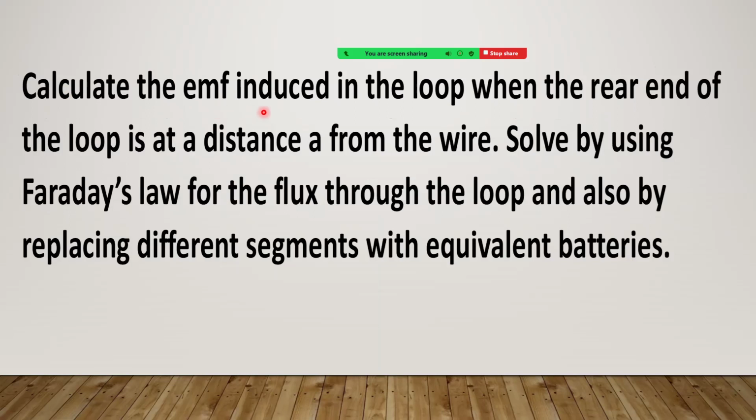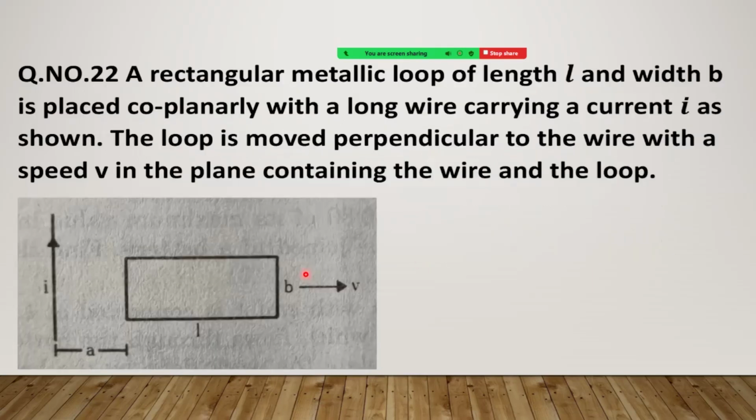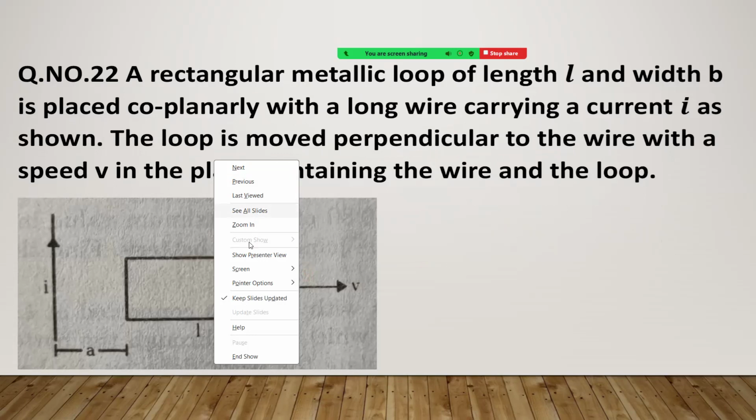Calculate the EMF induced in the loop when the rear end of the loop is at a distance A from the wire. Solve by using Faraday's law for the flux through the loop, and also by replacing different segments with equivalent batteries. Okay, that is the question given. Let us see how to start.